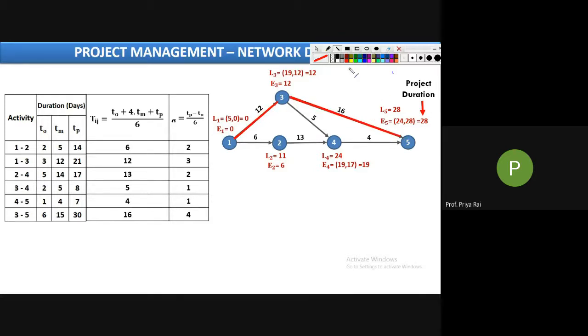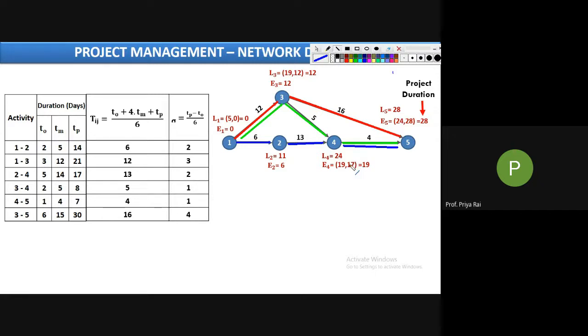This is the first path, this is the second path, and this is your third, last path. Among these 3, you can easily identify the longest path, and that will be your critical path.